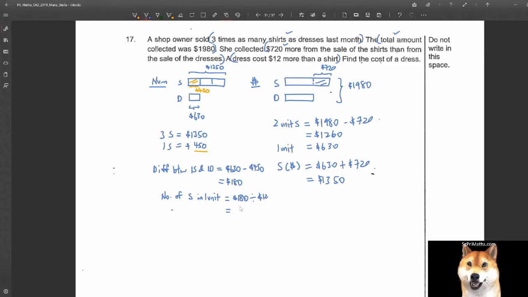This will be equal to 15. So one unit is 15, which means the dress is also 15. So 15 dresses cost us $630. One dress will cost us $630 divided by 15, which is $42. And that's it. We have completed the paper.